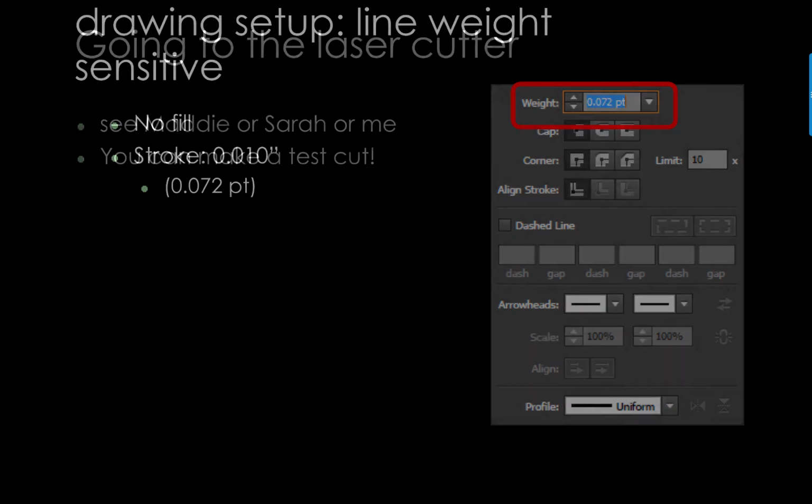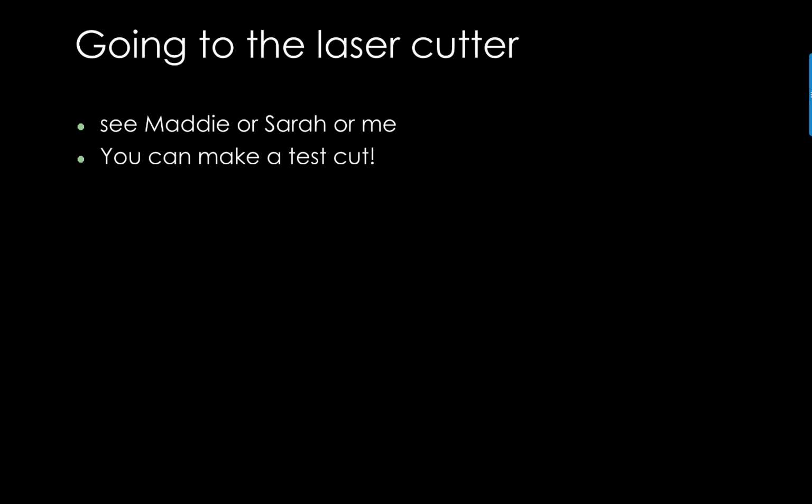That's the easiest way. So to get these cut, you just see Maddie or Sarah or me or whoever happens to be the lab monitors who are approved to work on the laser cutter. And you can absolutely make a test cut, and they probably will.